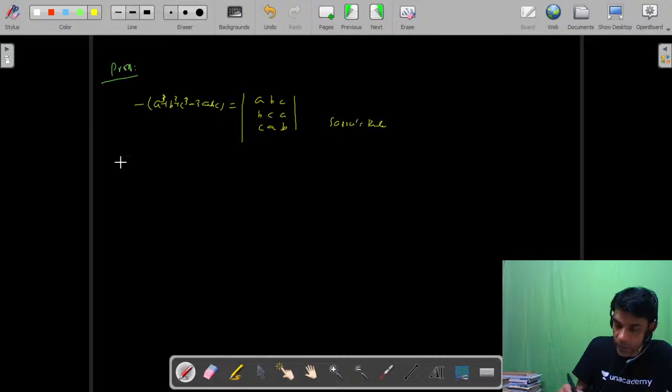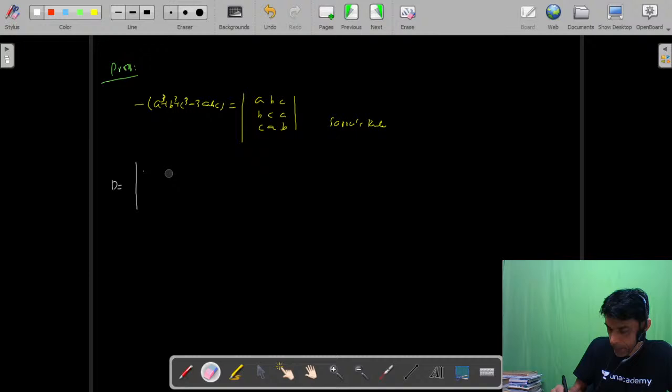Another way I can do it is by some manipulation. So I will write this determinant D, with rows ABC, BCA, and CAB. And you can add the columns. So add to C1 all the columns, C1, C2, C3.